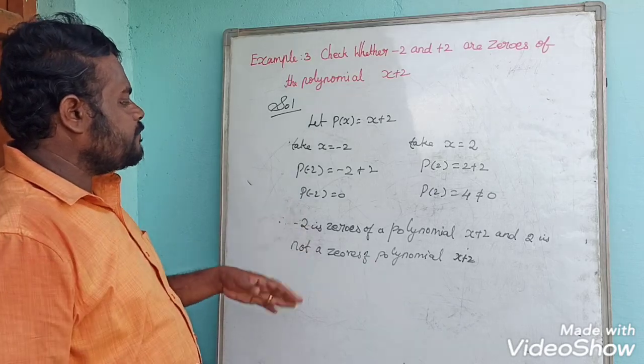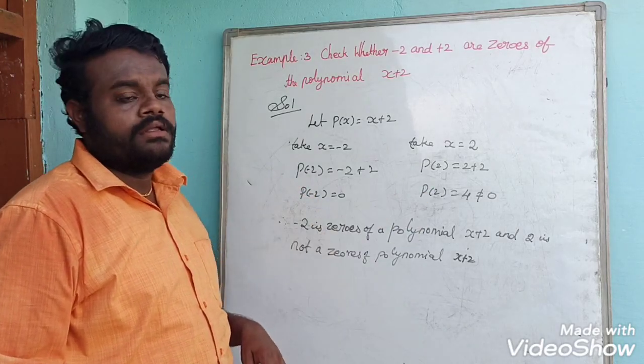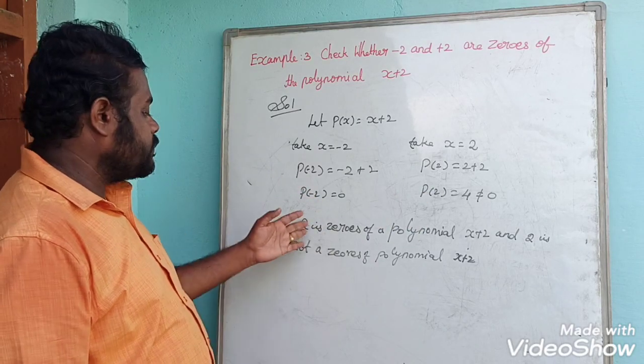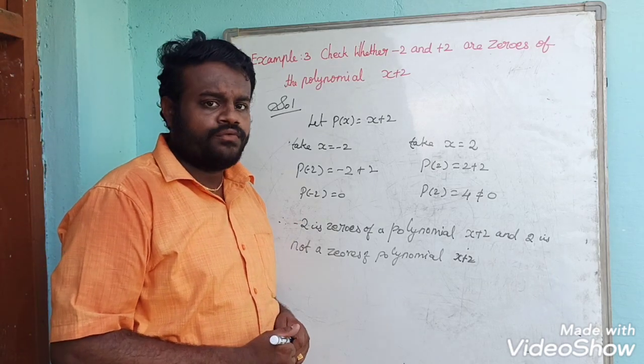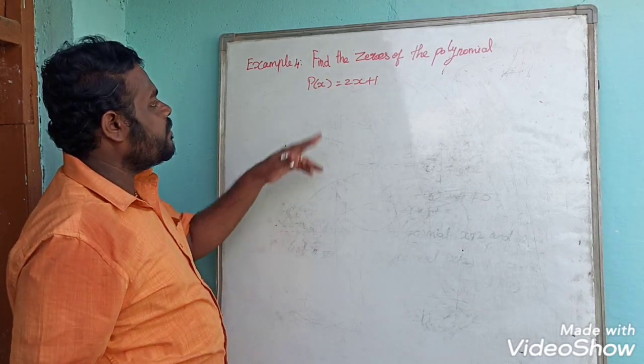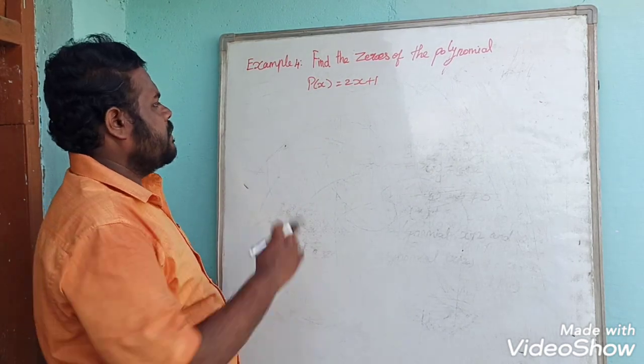We substitute minus 2, we get 0, but when we substitute plus 2, we get 4. So minus 2 is the only zero of the polynomial. Next we move on to example number 4. Find the zeros of the polynomial p of x equal to 2x plus 1.